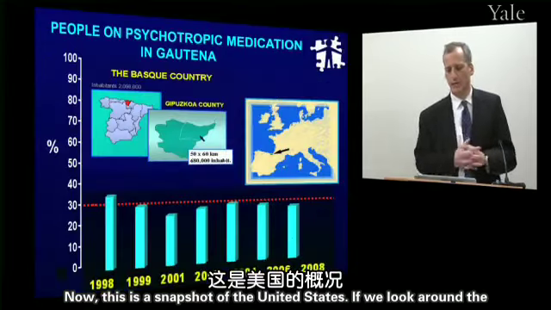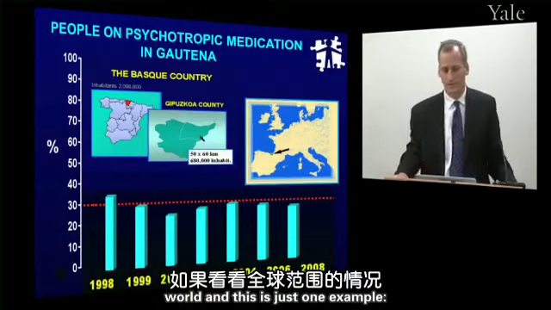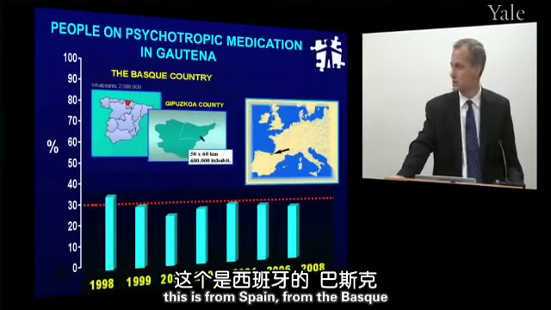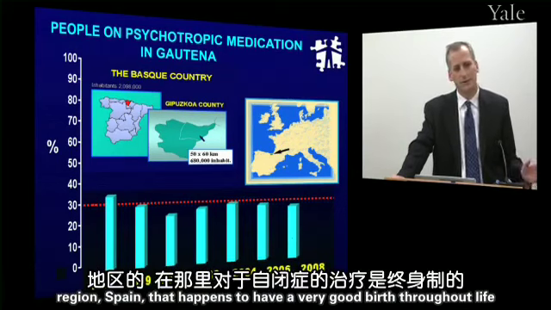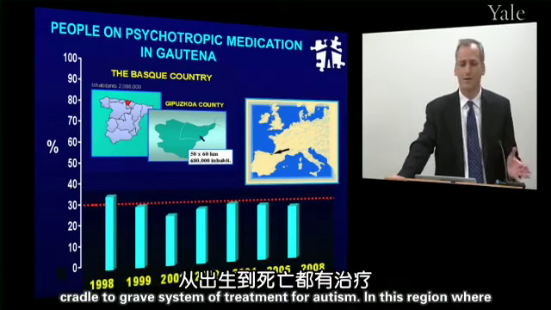Now, this is a snapshot of the United States. If we look around the world, and this is just one example, this is from the Basque region of Spain, that happens to have a very good cradle to grave system of treatment for autism.